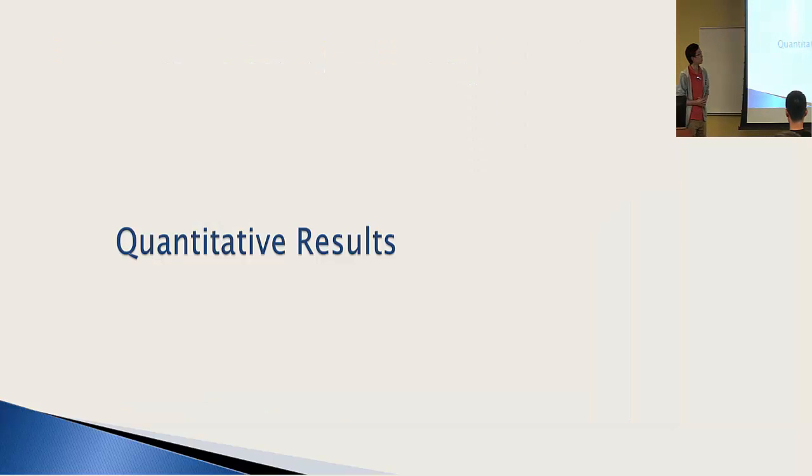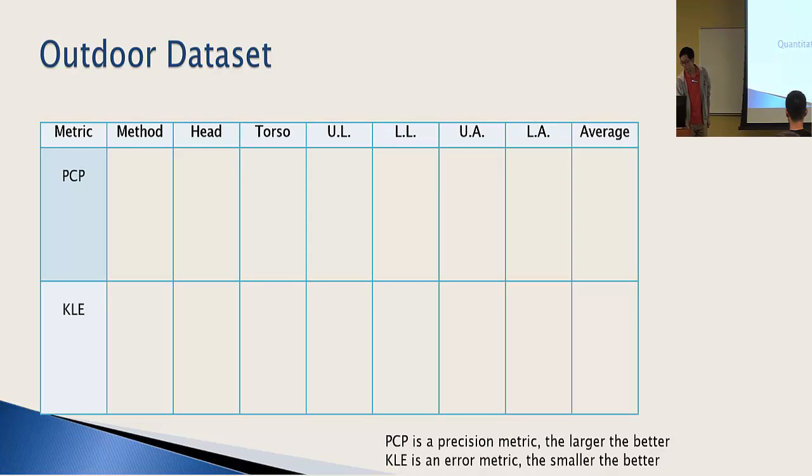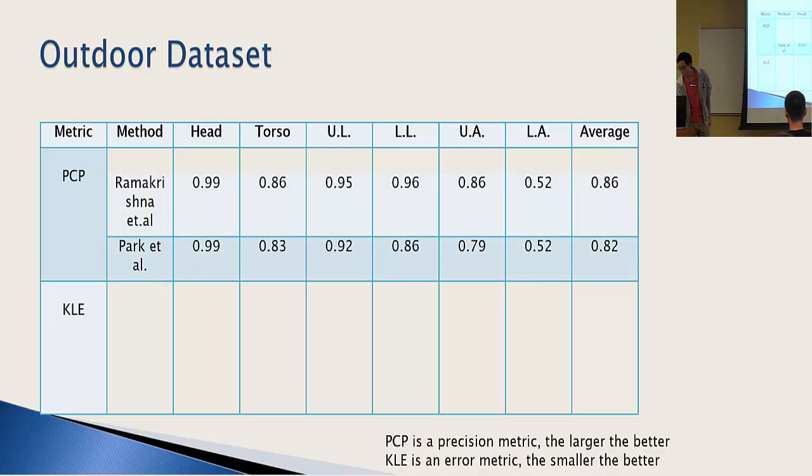And then let me show some quantitative results. For the quantitative comparison, PCP is a precision measure, so the larger the better, and the KLE is an error metric, so the smaller the better. Here are the results for the two comparison methods, and we show the results for head, torso, and so on, and also the average. And this is our results for the PCP.